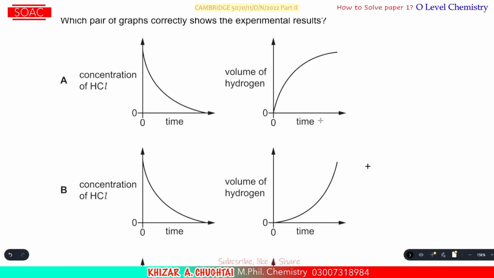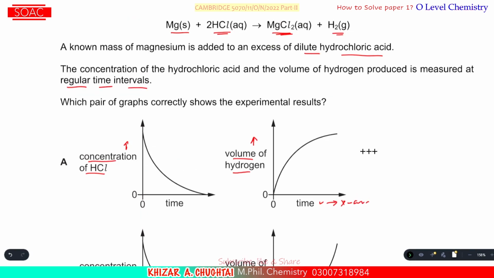Time is always on the x-axis, and the volume of the hydrogen is on the y-axis, and in the second graph there is always the change in concentration of HCl on the y-axis. So what should be the shape of the curve for these two types of curve?